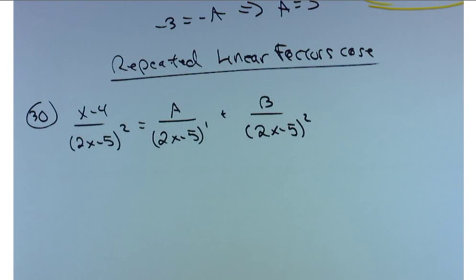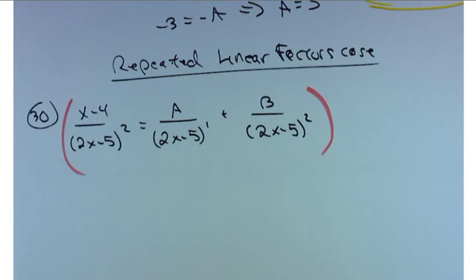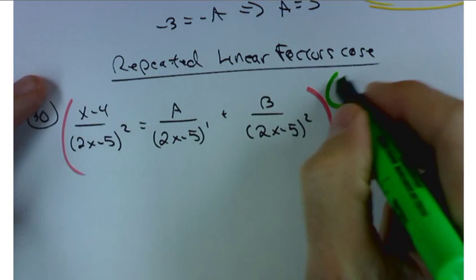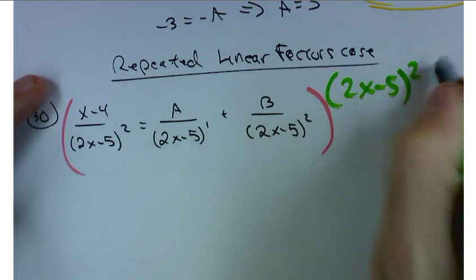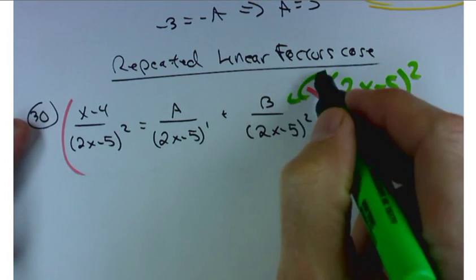Now, solving this almost requires working it the way we did originally, which is with a system of equations. Let's start that process by multiplying through by the lowest common denominator. That LCD is going to be (2x minus 5) squared. So that has to distribute itself to all three terms.